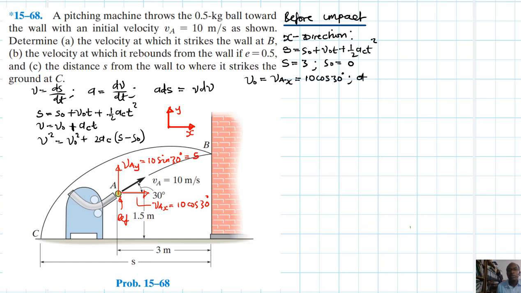Of course, we are looking for t to allow us to find v_By. So we can write this equation as 3 = 10 cos 30 degrees times t. This t is the time the ball takes to move from A to B, so we'll call it t_AB.